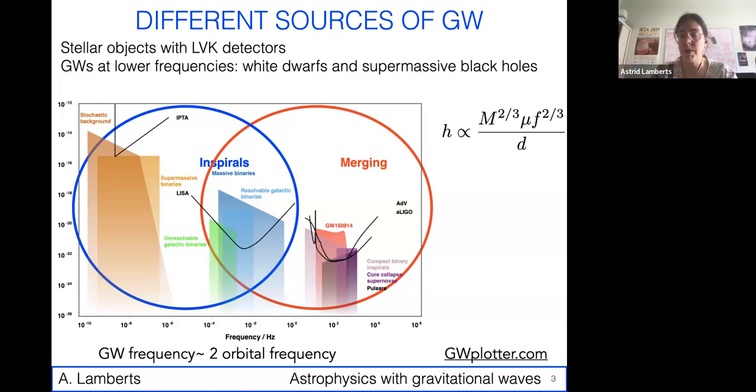We're timing all of them precisely. And when we see a change in the arrival time of the pulses, we can say that a gravitational wave has been coming through. That's the idea. So this is the International Pulsar Timing Array, IPTA, which has a strong component in Australia. And with these, we would see the mergers of the really most massive black holes.